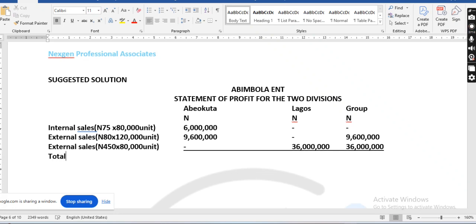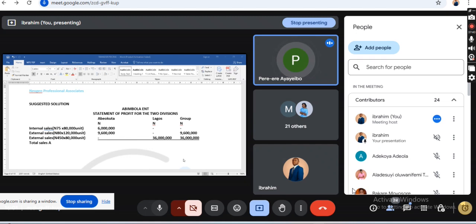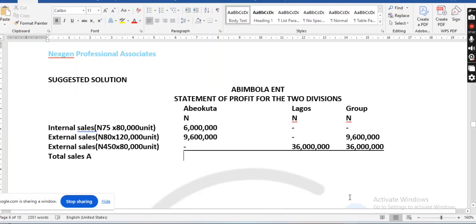Total sales. You can say this is A. So when you add these sales together, what do you have? 36 million plus 9.6. What do you have quickly? Hello, class. Figure. 45,600,000 naira.